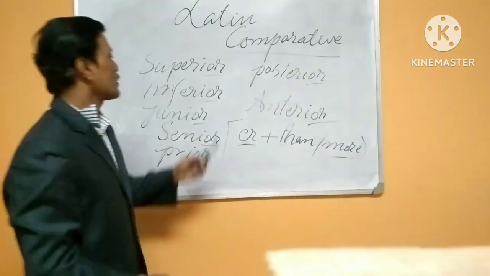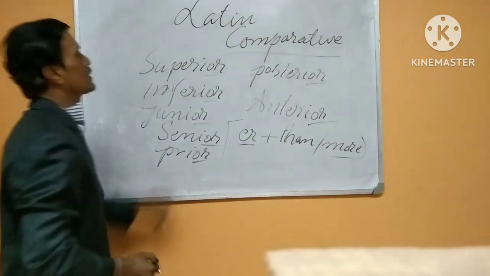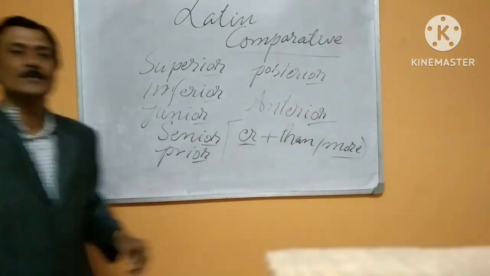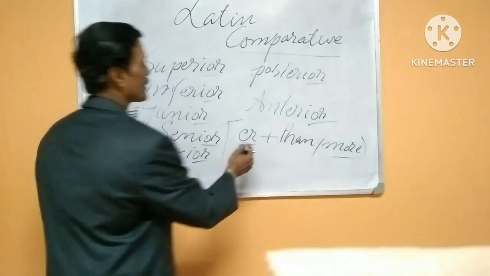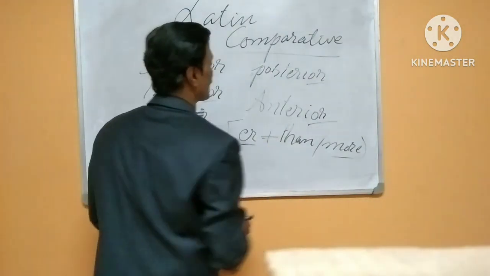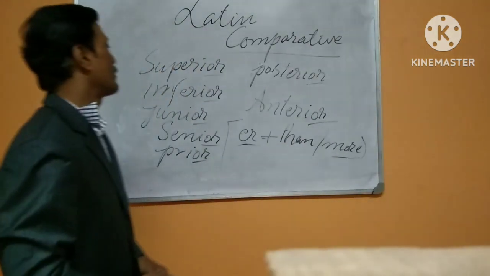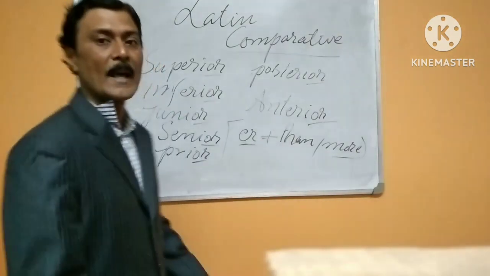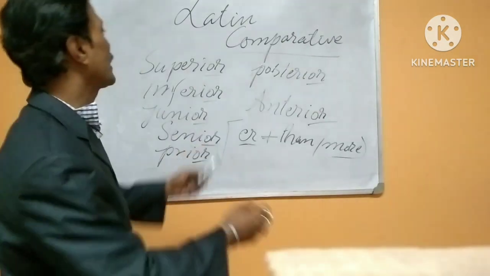Mostly Latin words end in -or. The comparative degree changes, and while than makes a comparative sentence, this is different. It's a Latin word borrowed from Latin, so that is why it's called a Latin word. So what are those words?